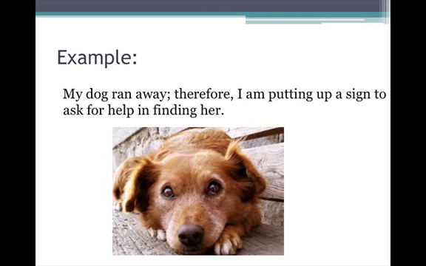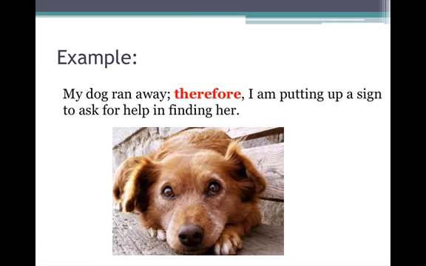This can happen with conclusion indicator words too. For example, my dog ran away, therefore I am putting up a sign to ask for help in finding her. Here, the word therefore, which functions as a conclusion indicator word, isn't picking out a conclusion, rather it's being used to explain a rationale.